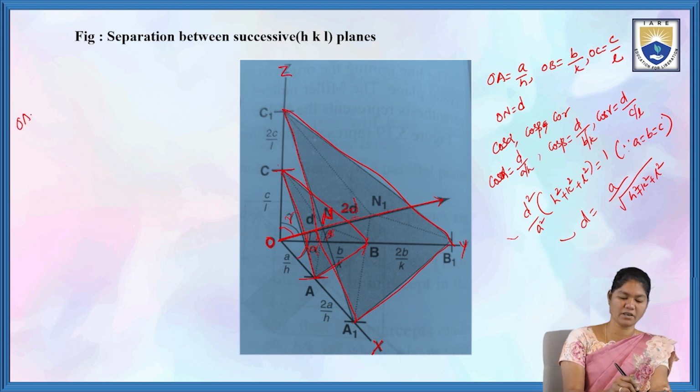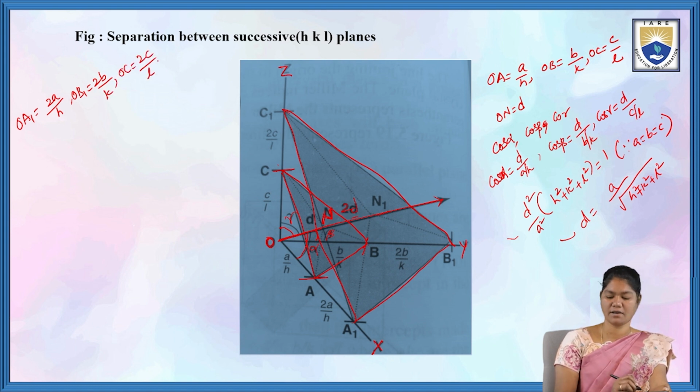So OA1 is equal to 2A by H, OB1 is equal to 2B by K, OC1 is equal to 2C by L. Now ON1 is equal to 2D.